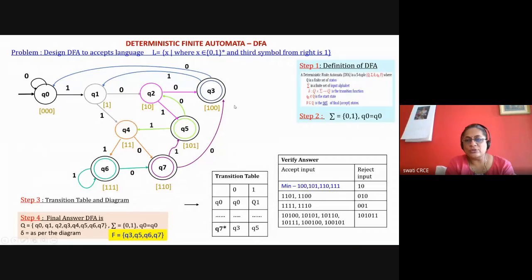Or suppose you take a string 101 and 10111. Okay, this way. So with 101, with 1 and with 1 it should go, because here this is your third last symbol 1. After that also there can be a 0, it should be accepted. After that there can be a 1, it should be accepted. So because of that.